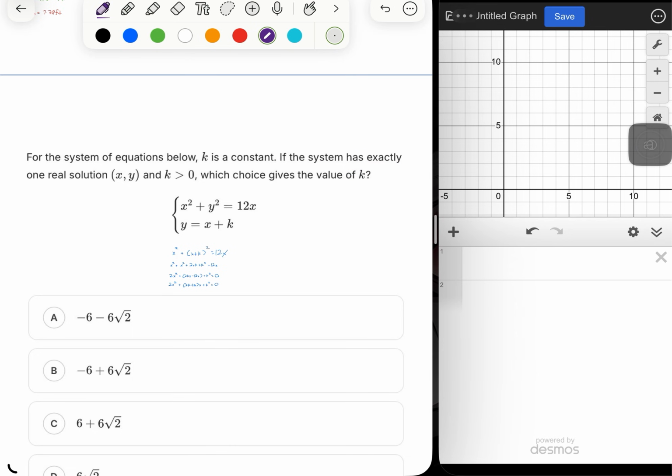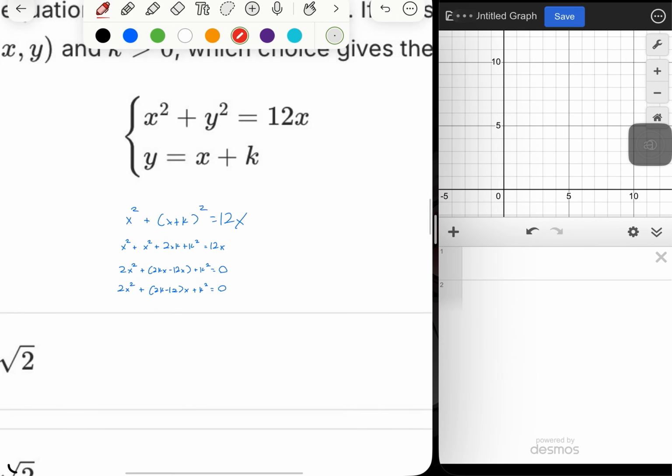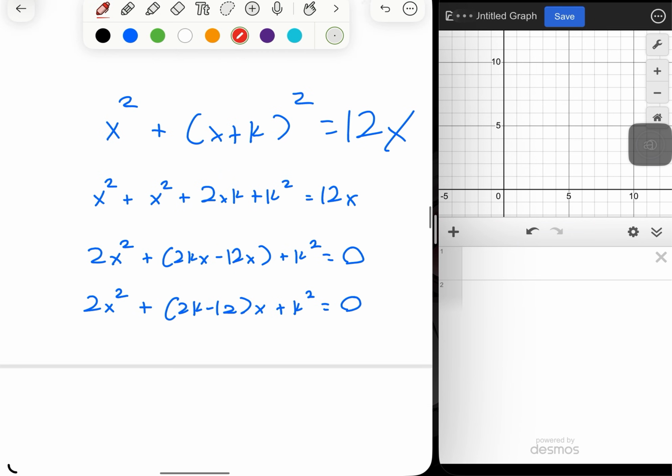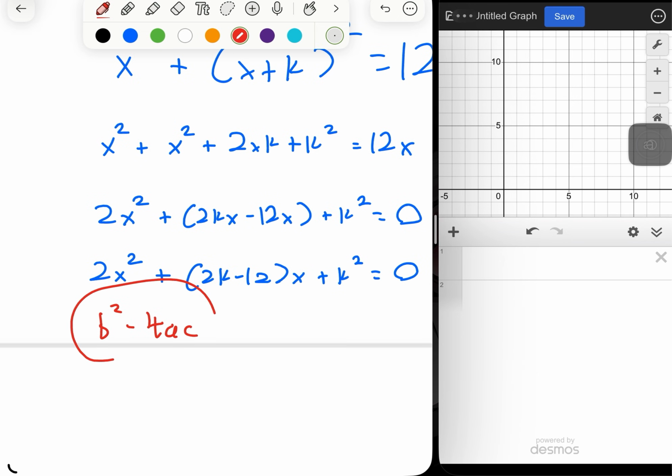Now, if you're familiar with the concept of solutions, then you know for quadratics there's a special thing called the discriminant, b squared minus 4ac. Essentially what that tells you is how many roots a quadratic has.